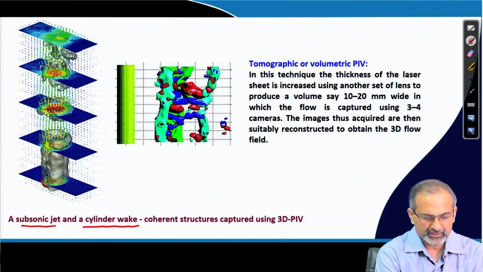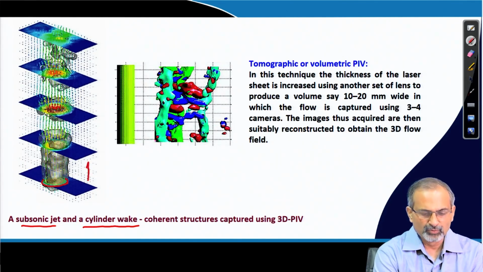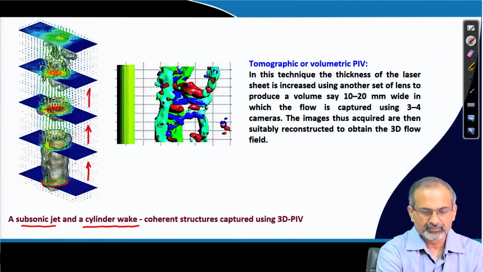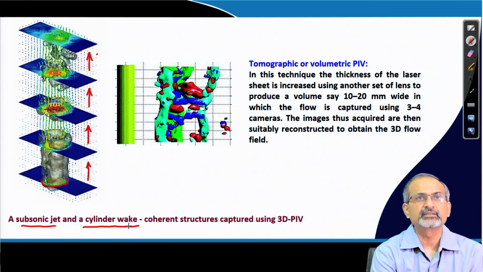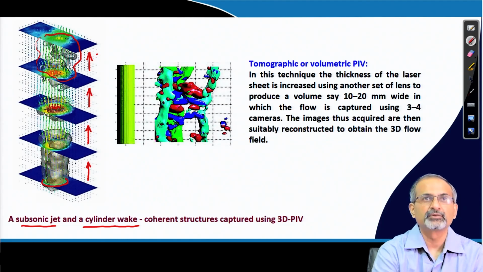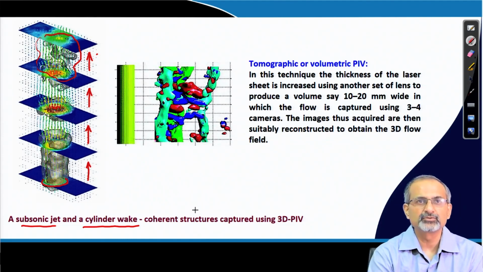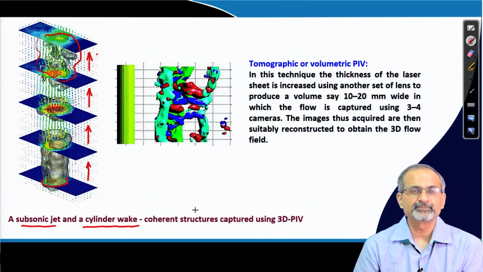So, you have an orifice from which a jet emerges, and as you move along the length, you see different structures emerging out of the jet, and there are structures which are breaking down, structures which are evolving, large structures, small structures, etc. A cascading of structures over here as you move further away from the orifice.